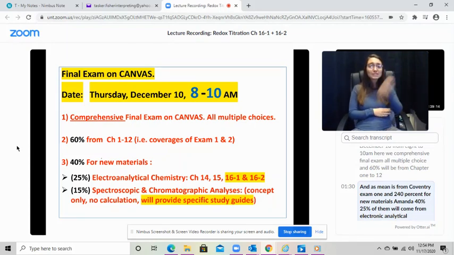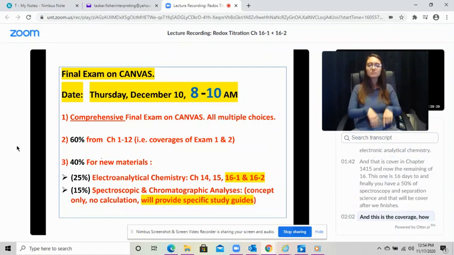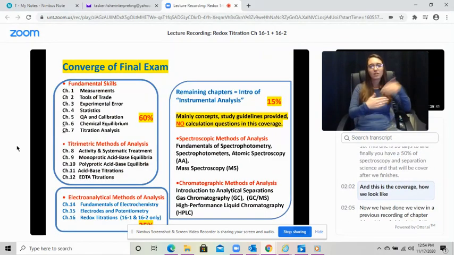Among the 40%, 25% will come from electroanalytical chemistry, covered in chapters 14, 15, and now the remainder of 16-1 and 16-2. And finally, 50% is spectroscopy and separation science, which will be covered after we finish this. And this is the coverage, how it looks.